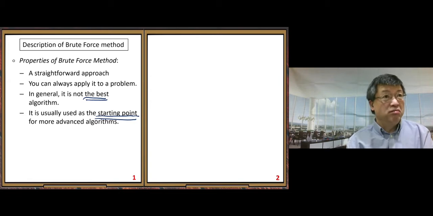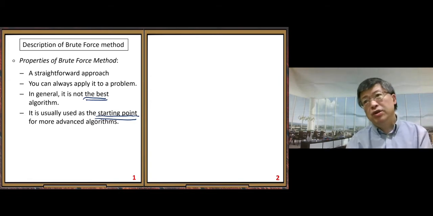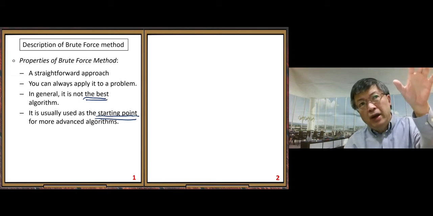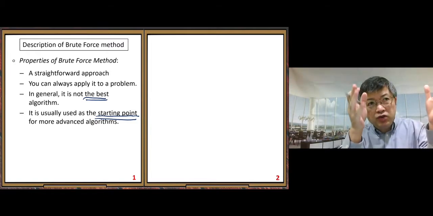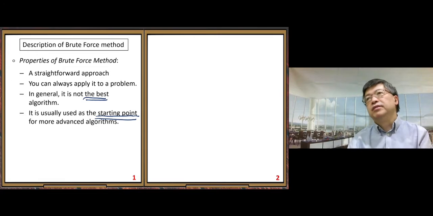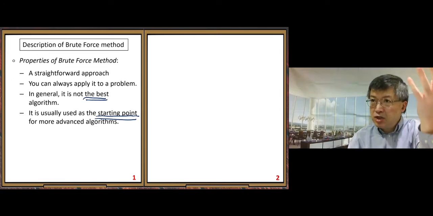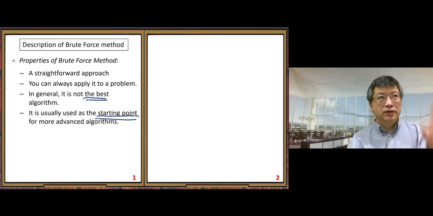Even if it's a bad way, you just want to solve it to get the right answer first. So in your first try, you do not require the best algorithm. Many people try the brute force way first. So we call it our starting point. That's the reason it is still useful.